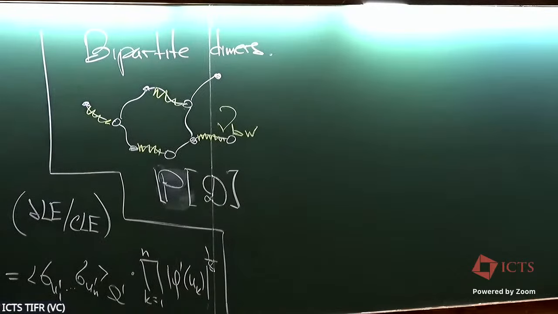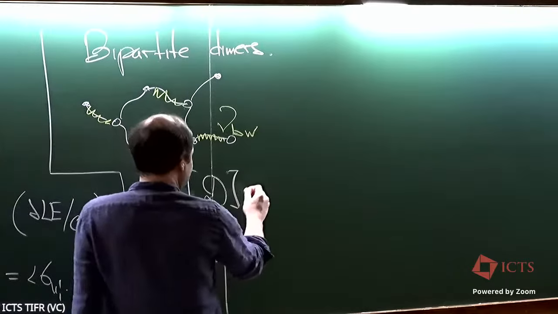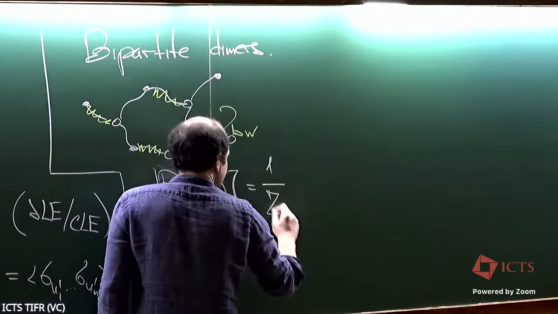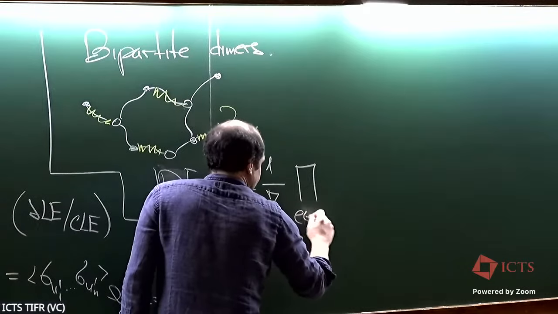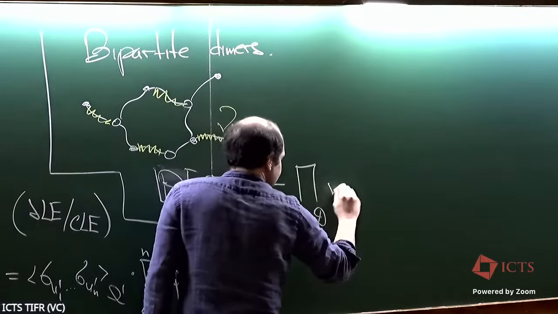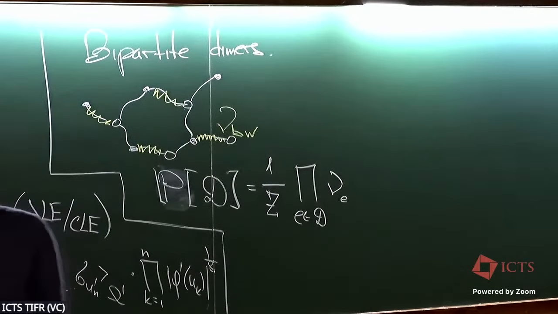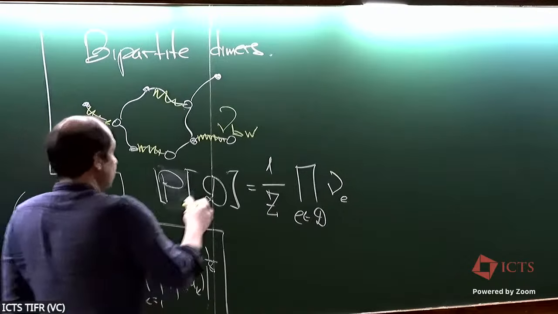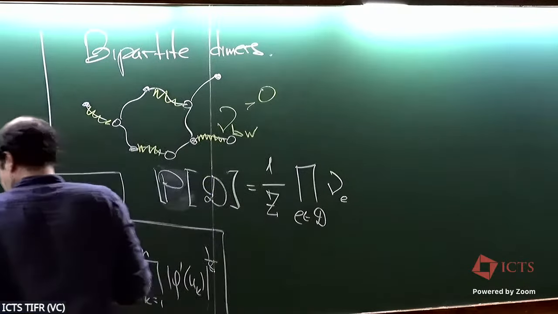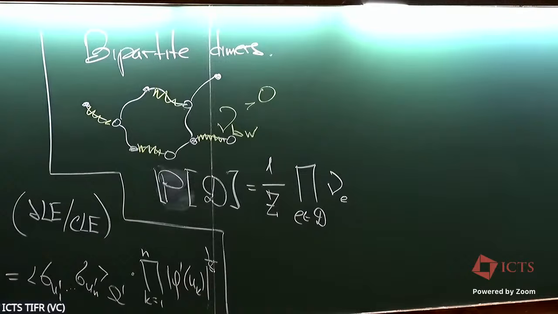And the probability to see a concrete configuration is again proportional to a certain constant times the product of the weights of these edges. Those are positive parameters about which I do not want to say anything, just some numbers.